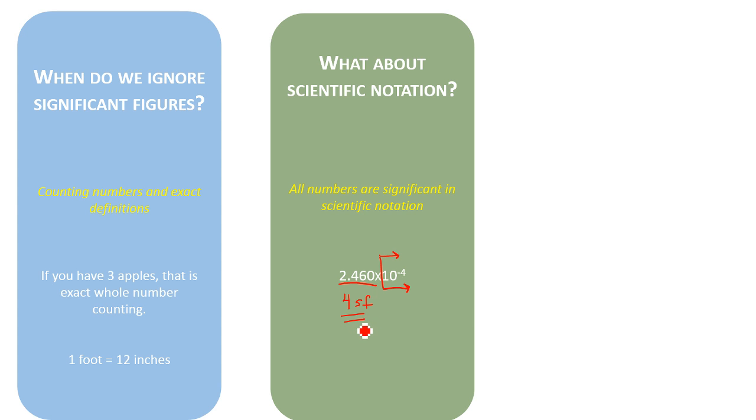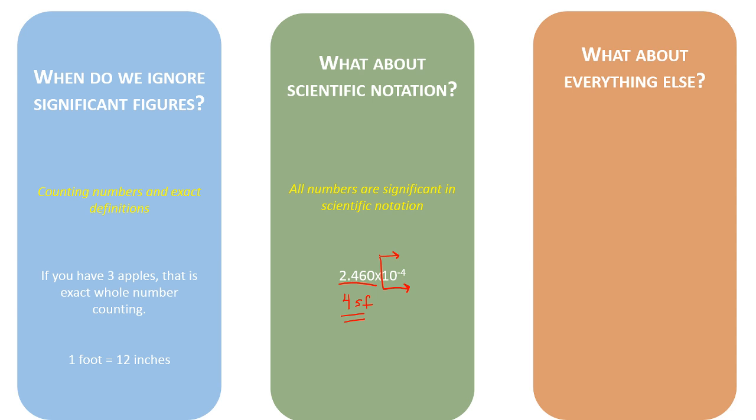But again, we're going to come back and practice these nuances and these special rules in lecture when we meet again. Every other number that's not an exact counting number, not a definition, and not scientific notation, is going to follow those 3 rules we just went over, about non-zero digits, trapped zeros, and special zeros at the end of a number after a decimal.